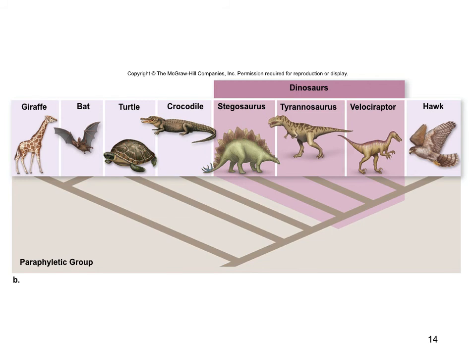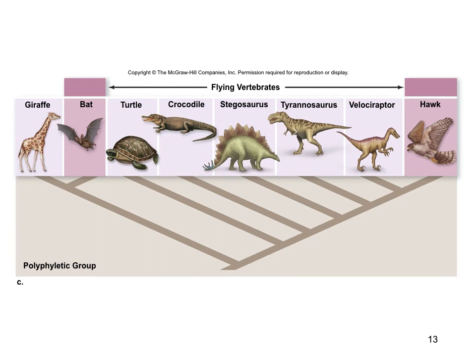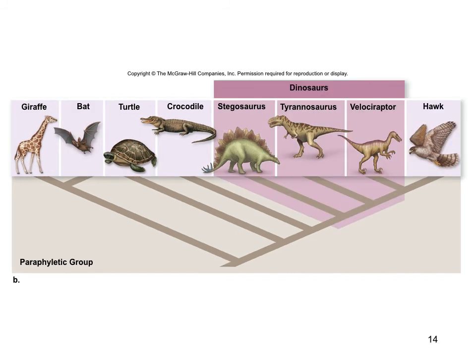And so if we go back, flying vertebrates doesn't make a good group because there's lots of organisms that are more closely related to both bats and hawks that aren't in that group. Dinosaurs, while all sharing several characteristics, also have characteristics with other organisms that aren't in that group and they share a common ancestor.